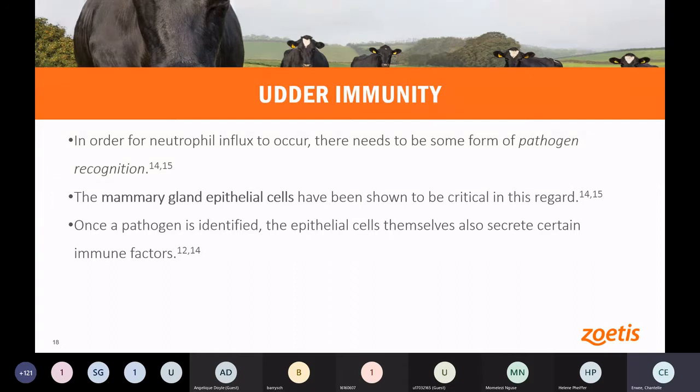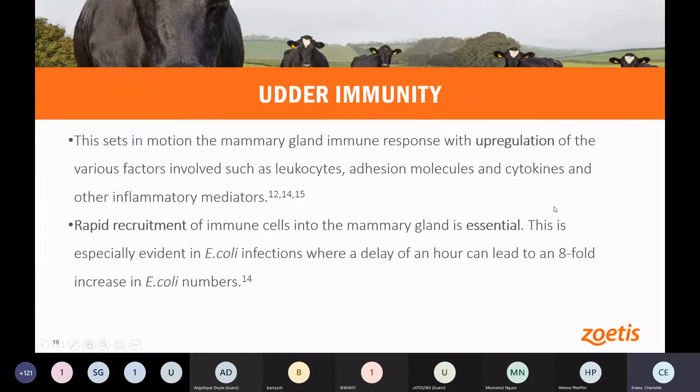So if you would like to go and read up on how these epithelial cells actually do this. Then once they've recognized or identified this pathogen, the epithelial cells themselves secrete certain immune-related factors that can help fight the pathogen, but also it causes an upregulation of the immune response and causes various factors and inflammatory mediators, leukocytes, etc., to be produced and come and help in the fight, right?